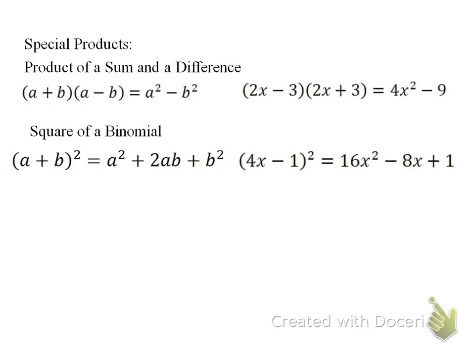If you had the quantity 4x minus 1 squared, you'd square the first term. 4x squared is 16x squared. You'd multiply the a and the b and multiply it by 2. So 2 times a is 8x, times the b is negative 8x. And then negative 1 squared is 1. Again, you could just write it out and double distribute. You end up with the same thing. It just kind of saves you some time if you can memorize it.